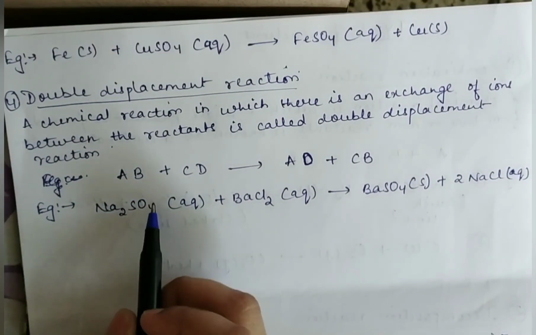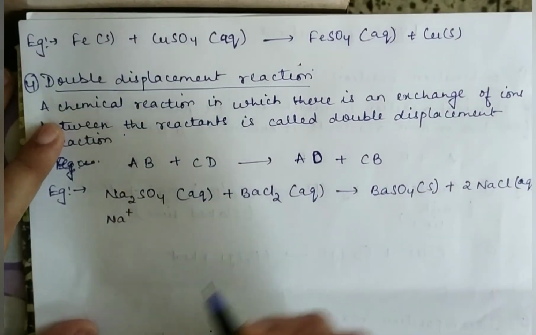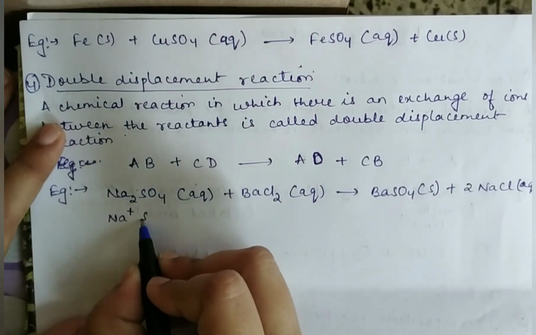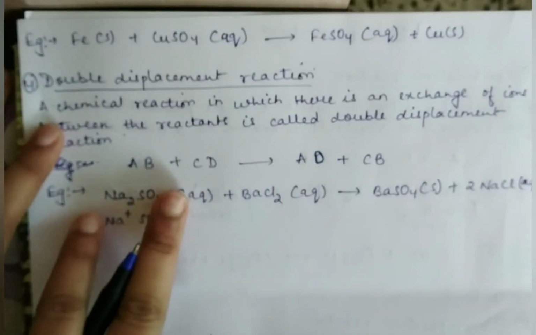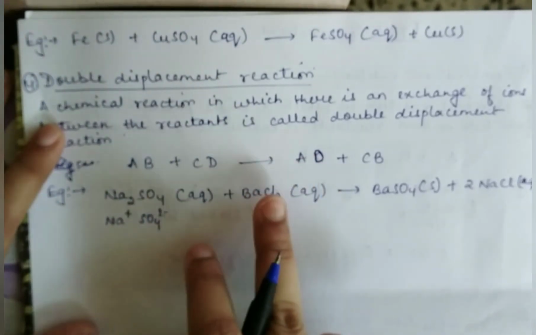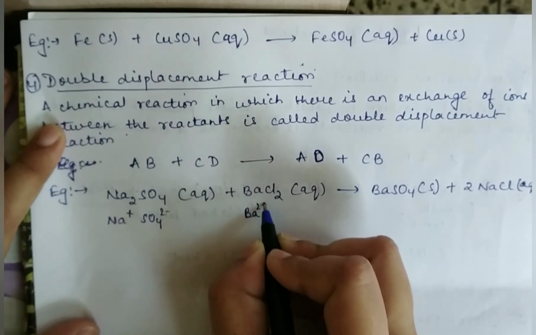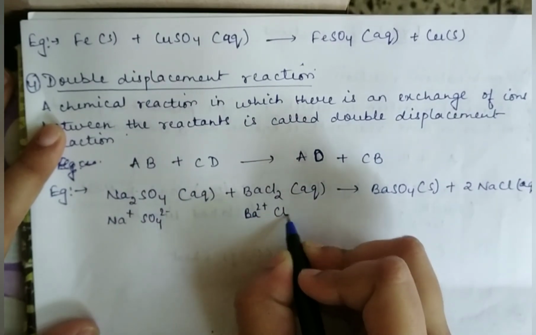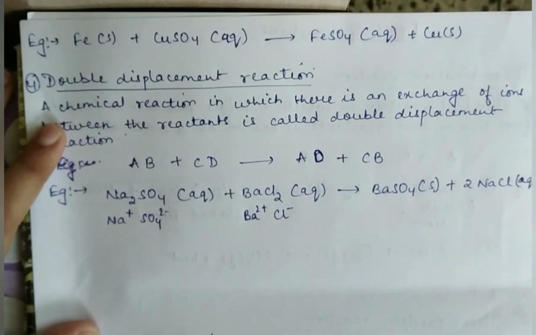In this compound there are two ions, Na plus ion, sodium plus ion, and sulfate, SO4 2 minus ion. So there are two types of ions present in this compound, and again two types of ions present in this compound. In this compound the ions present are barium 2 plus and Cl minus, or chloride ion.